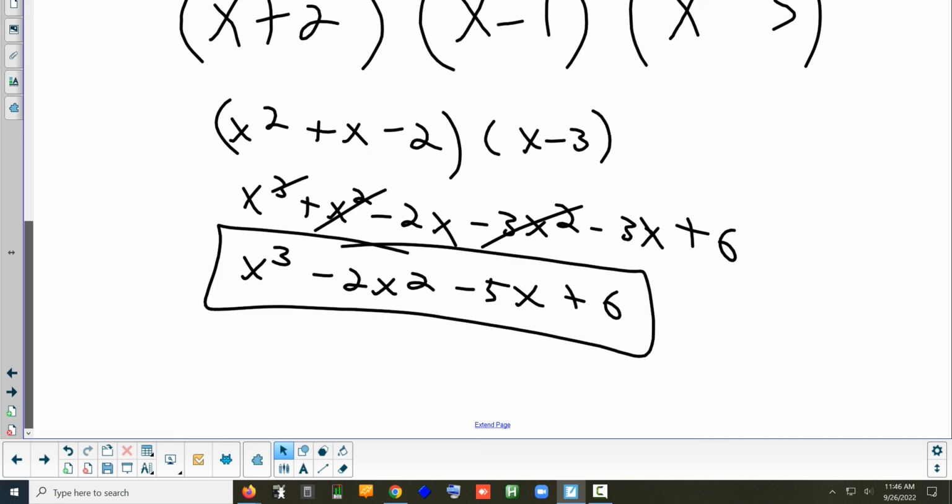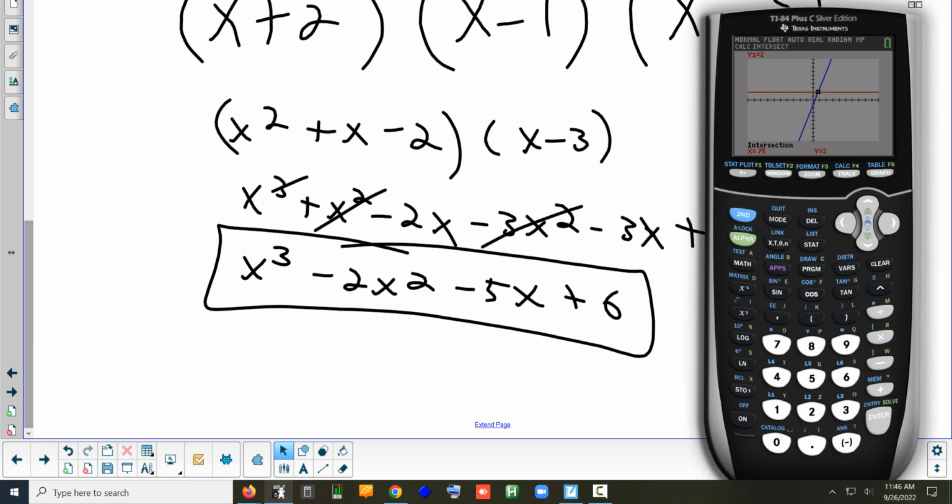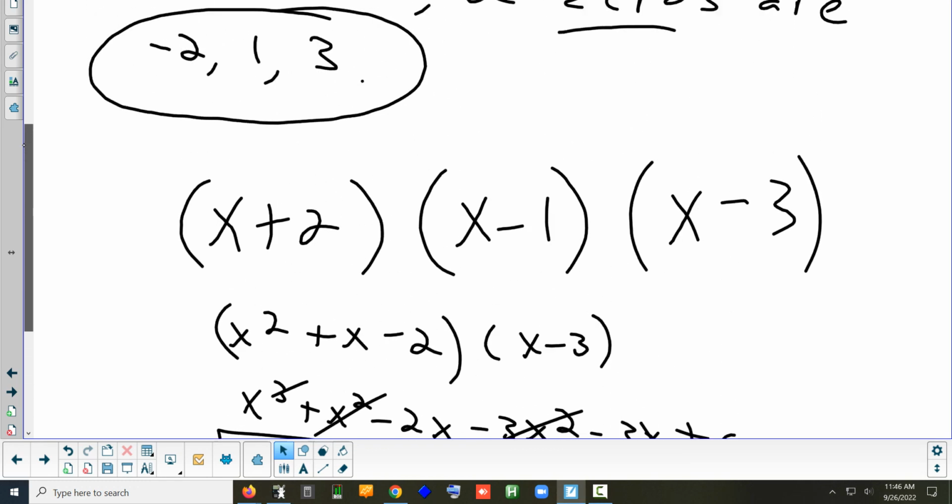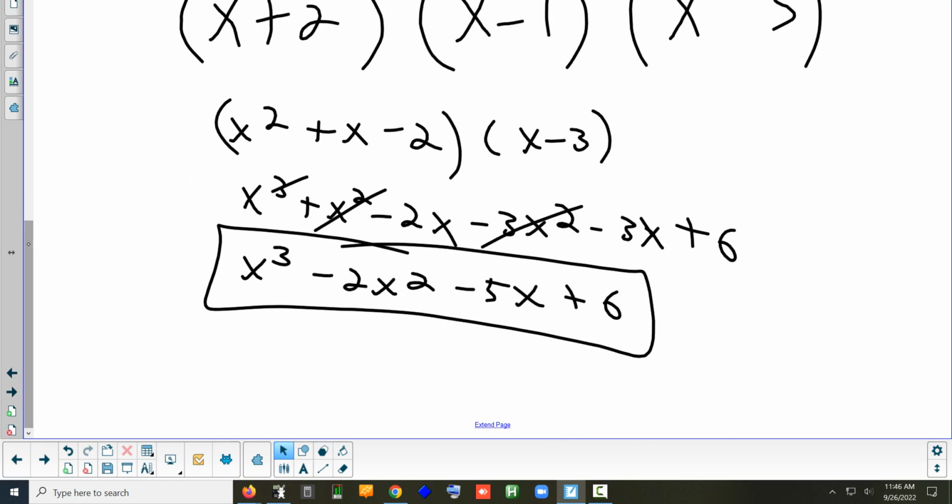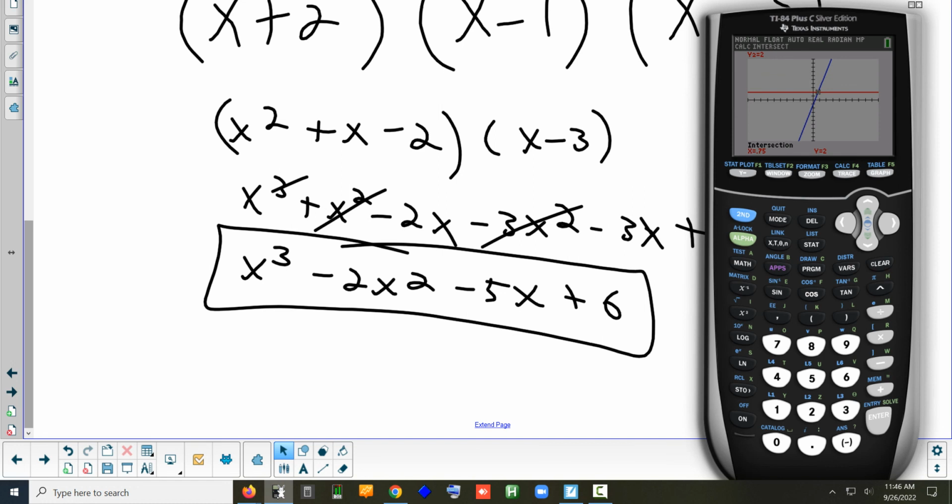If we did everything right, and I graphed that, it should cross the x-axis at negative 2, 1, and 3. Well, let's see. So we've got x cubed minus 2x squared minus 5x plus 6.